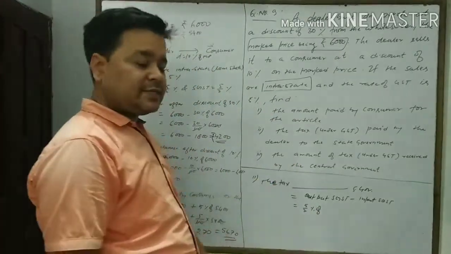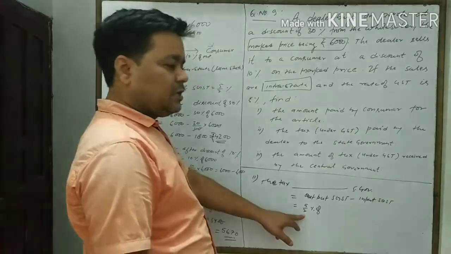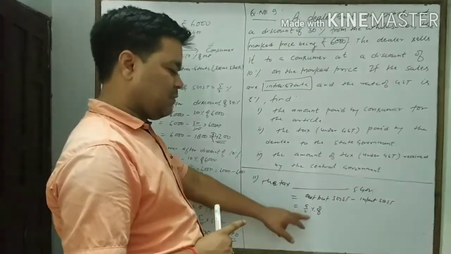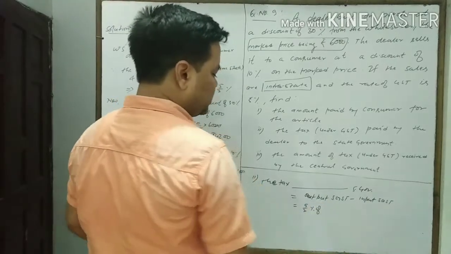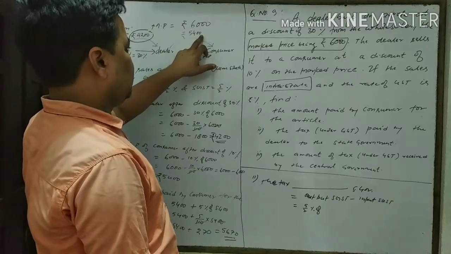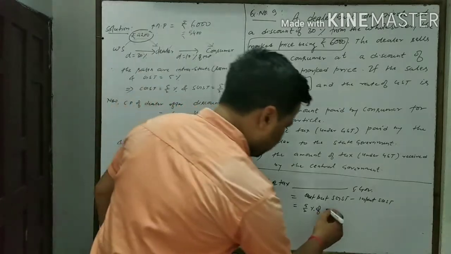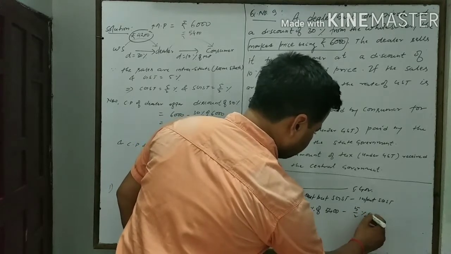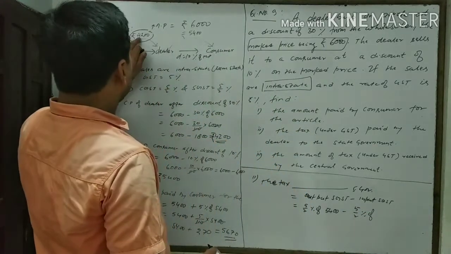Because this is intra-state, and therefore state GST will be half of the total GST, that is 5 by 2%. Output GST is calculated here on 5,400. It will be 5,400 minus 5 by 2% of 4,200.